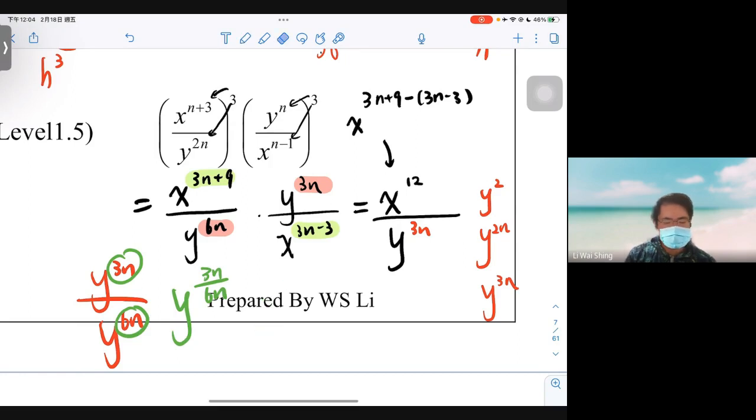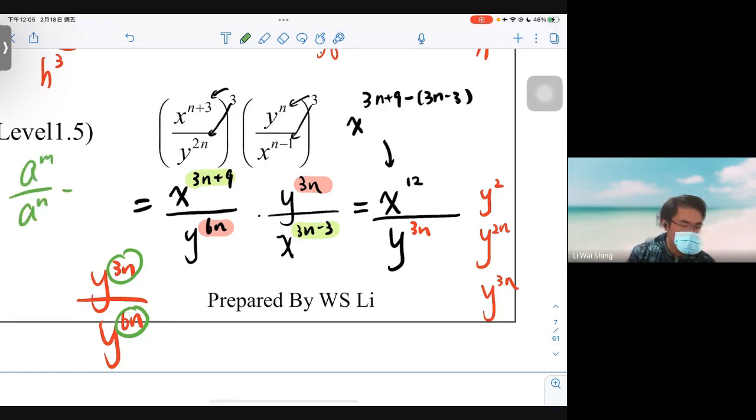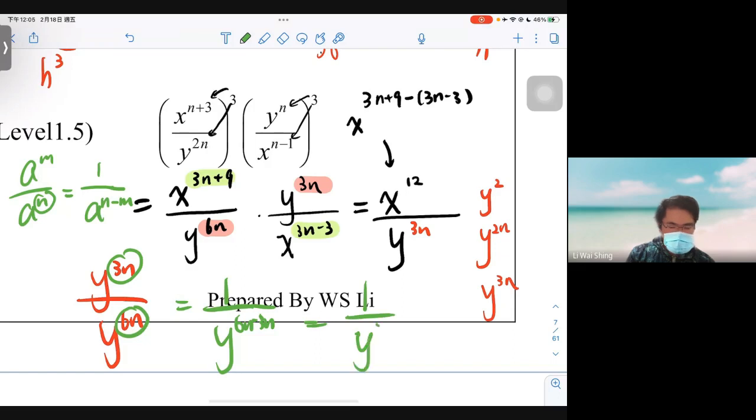So don't use your feeling. Use the rule a^m over a^n. If a^n is larger, then it always stays in the bottom, and then do the subtraction. So it equals 1 over y to the power of 3n. So this is correct.